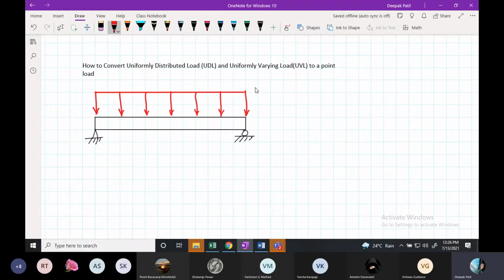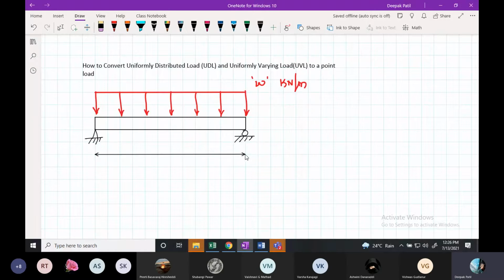Let the intensity of this uniformly distributed load be W kilonewton per meter.